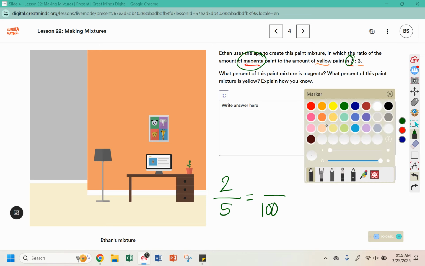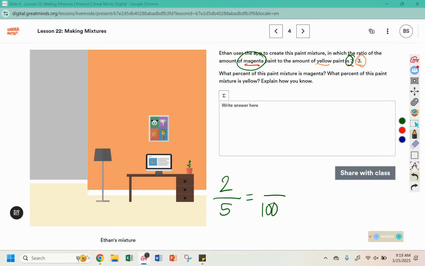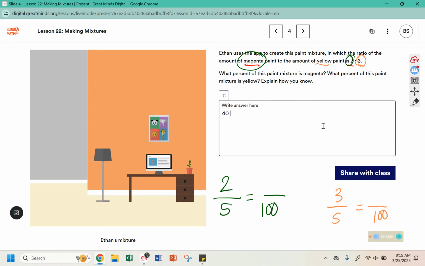And then the yellow is 3 out of the 5, and we can cross multiply and divide to figure out the percentage there. 40% is magenta and 60% is yellow. There are 5 parts altogether.